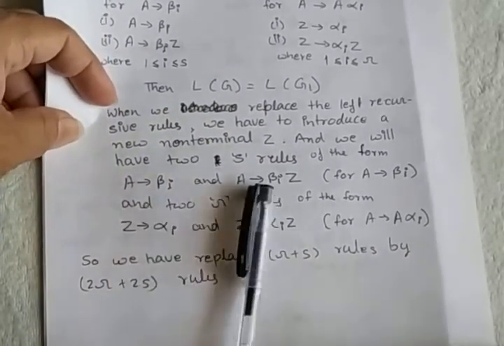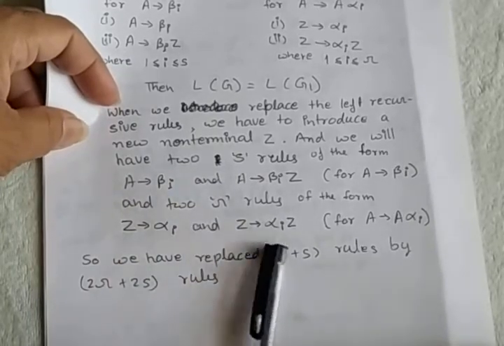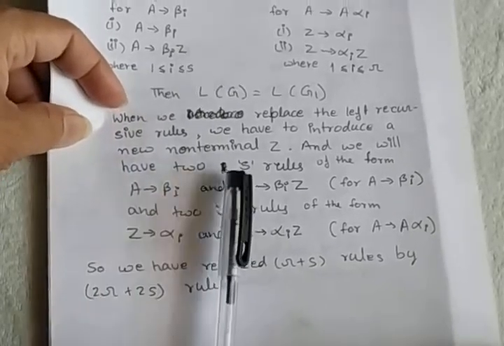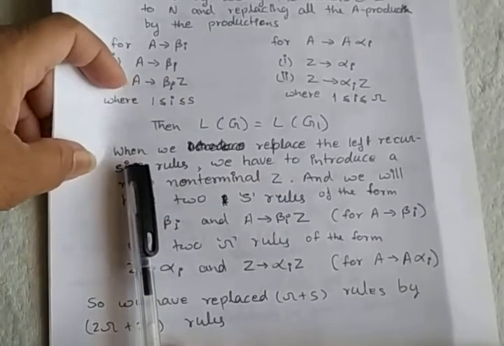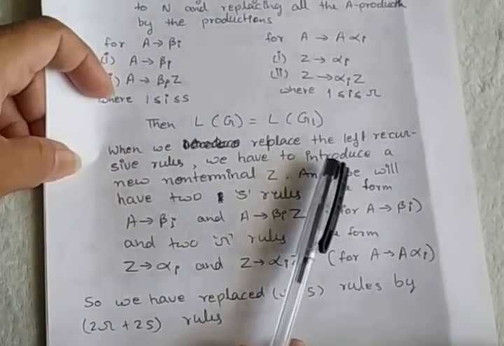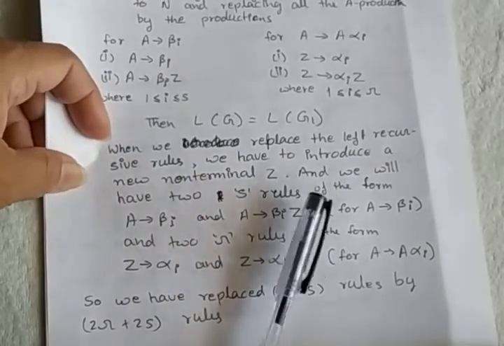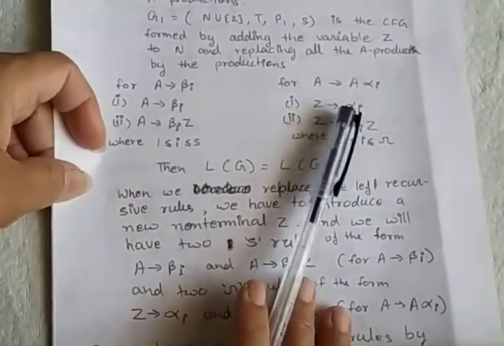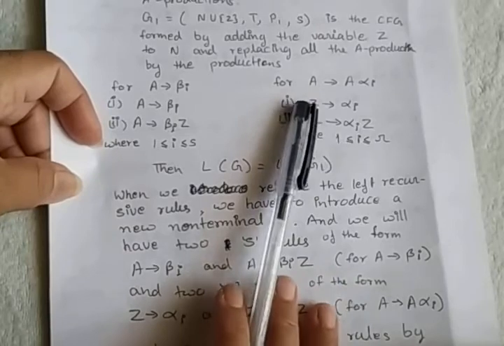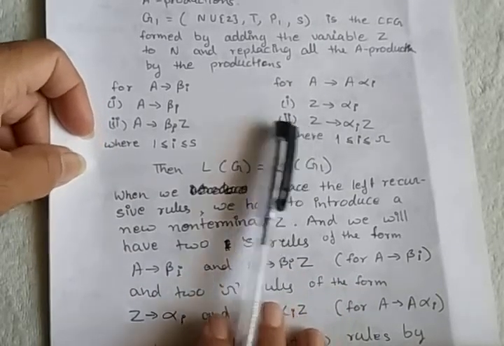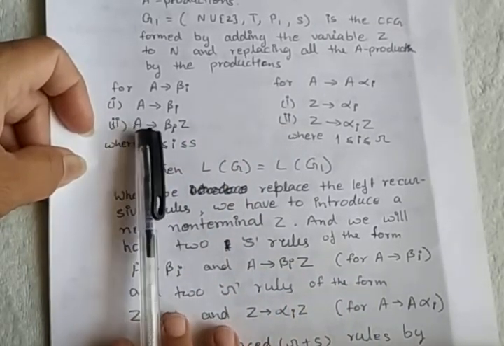Suppose we are considering this rule S tends to. When we replace one left recursive rule, then we introduce two rules. See here, we are introducing two rules, here also we are introducing two rules.